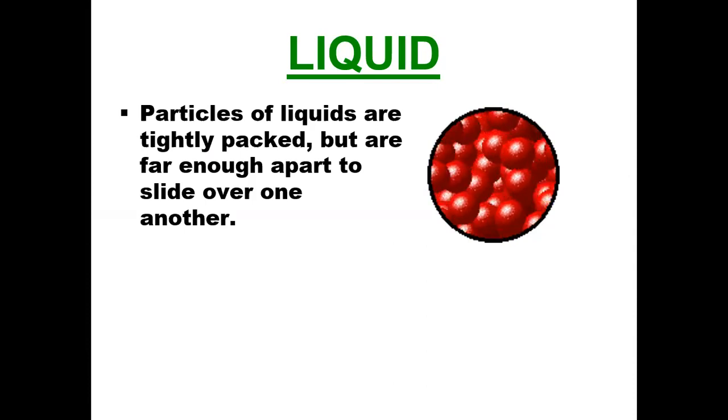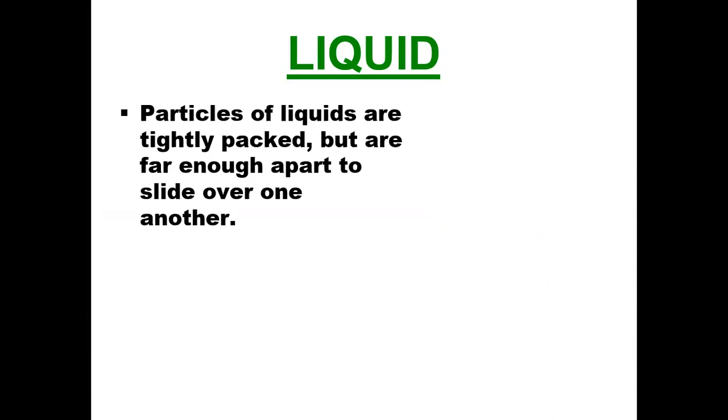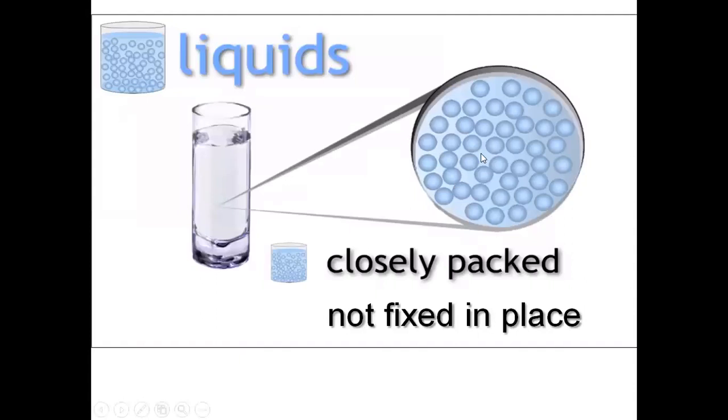This is because the particles are moving past each other, and of course because there are small distances between the particles. Of course, liquids do not have an organized shape like solids.